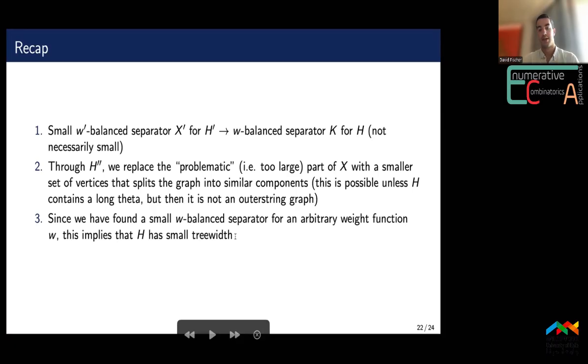And so in particular, if there's no long theta, we can run this whole process as normal and we get a balanced separator of H with bounded size independent of K. And recall, by the theorem on balanced separators, that if we can find balanced separators for any weight function, then this implies that the tree width of H is small.